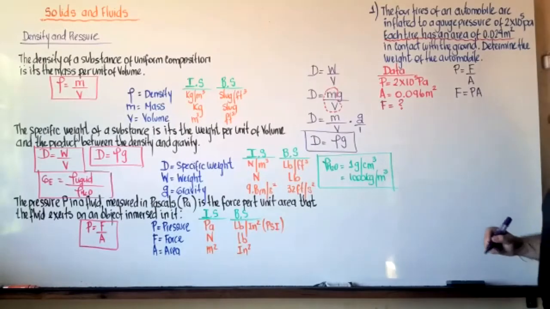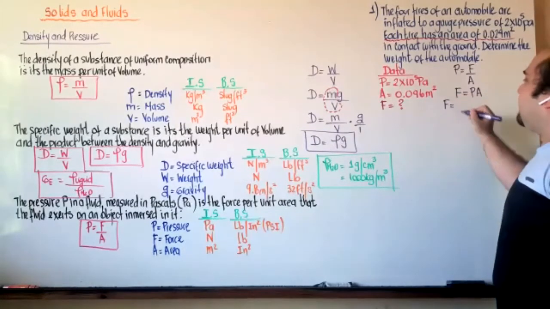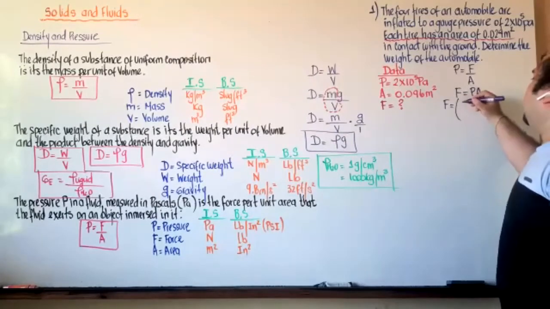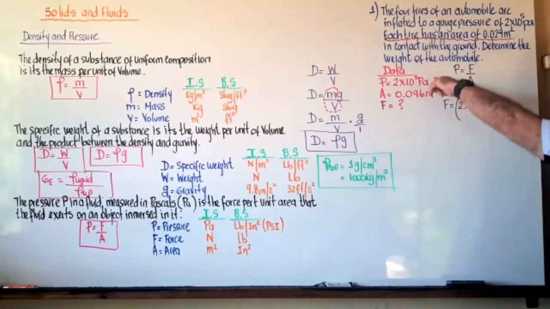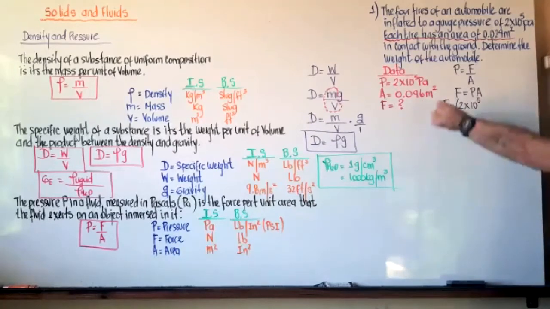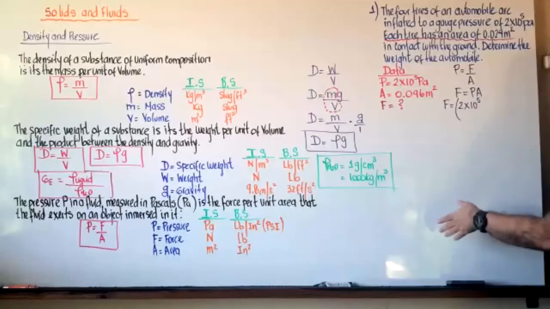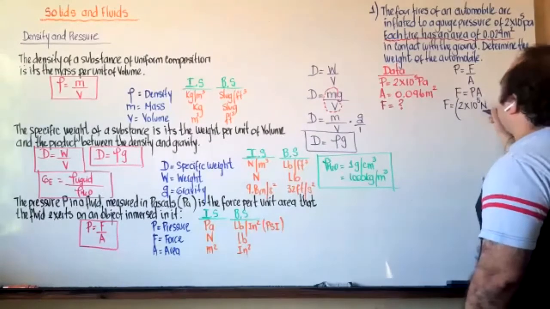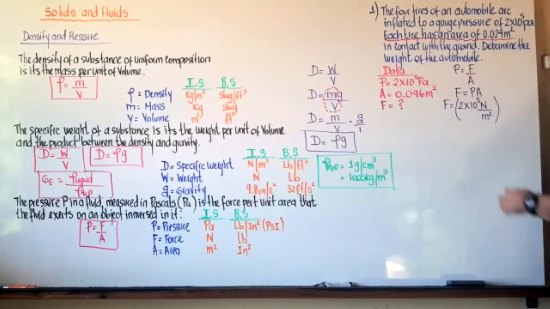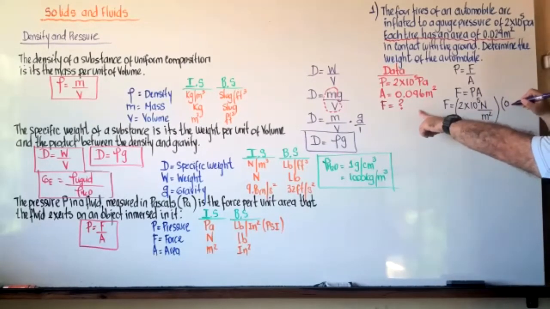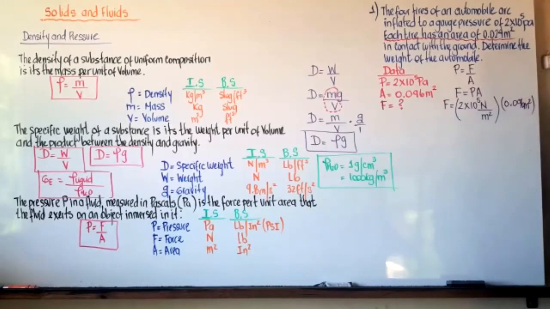Okay? Well, in simpler words, the force will be equal to pressure, 2 times 10 to the 5th power, and instead of writing Pascal, if you wish, we can transform the unit of Pascal into newtons per square meter, right? Because the Pascal is another way of saying newtons per square meter. In the area, we have 0.096 square meters, okay?